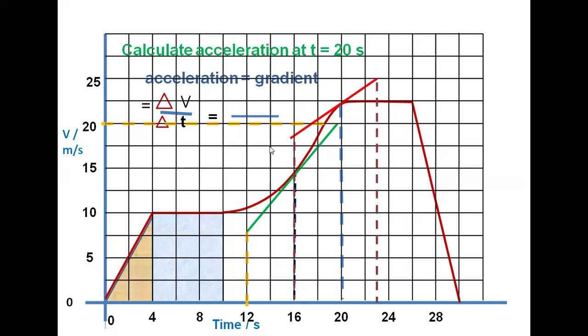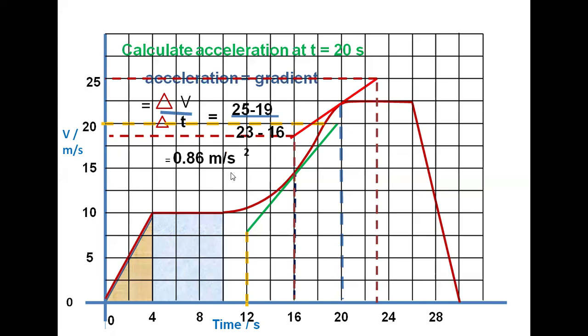Let us substitute the values. y2, 25, y1, 19, x2, 23 and x1 is 16. When we solve it, it comes to 0.86.